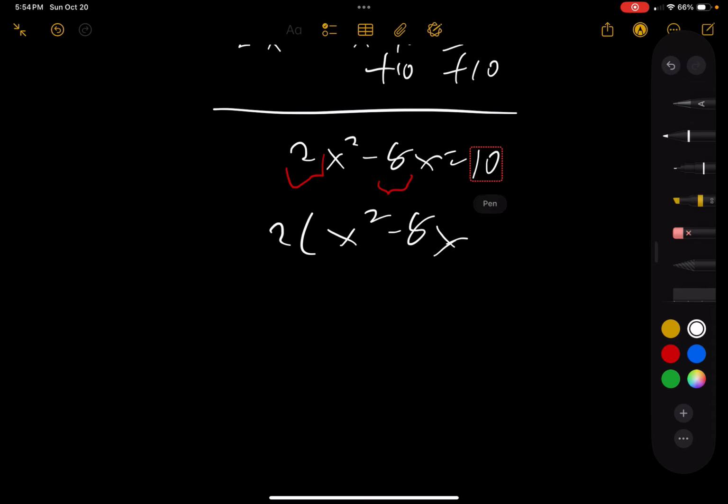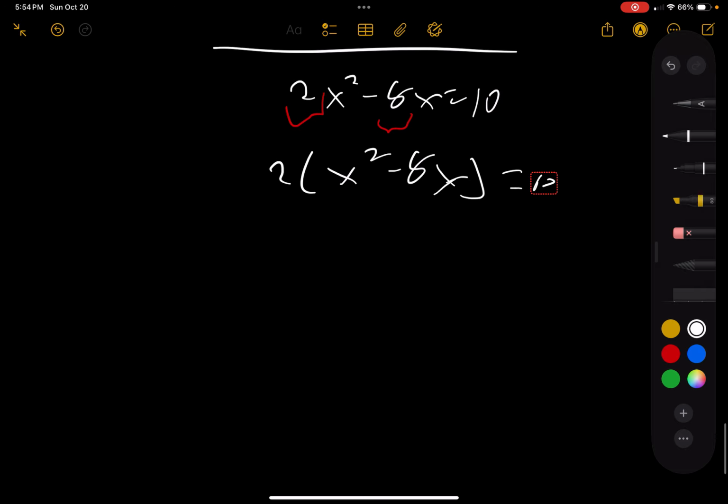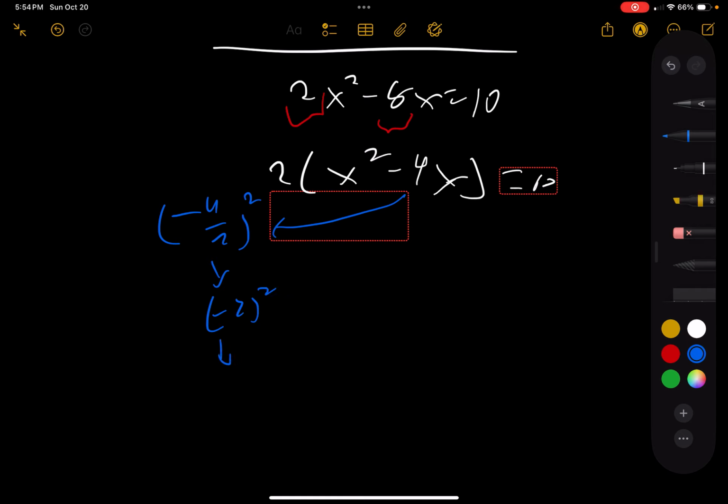Now, this is where it gets a little complicated, so please bear with me. Okay, first we have x squared minus 4x. Now we're turning this into a normal perfect square trinomial, but what we do to the other side is a little different, which is honestly the most confusing part. So negative 4 over 2 squared, that's negative 2 squared, that's 4.